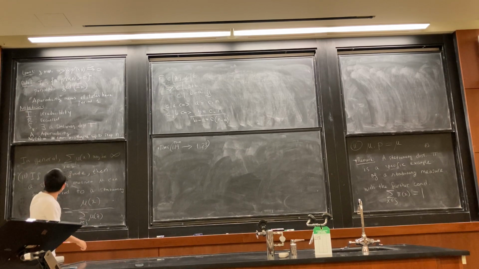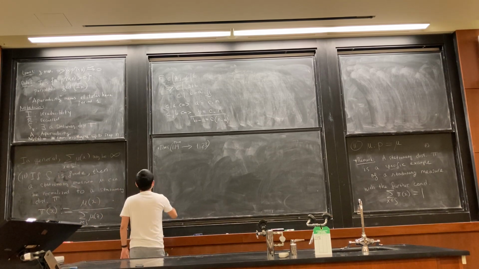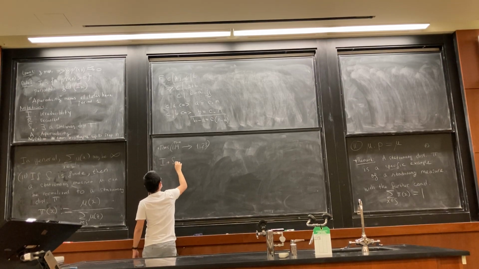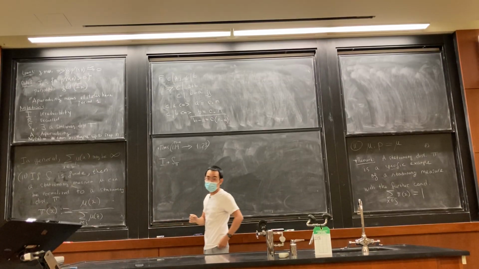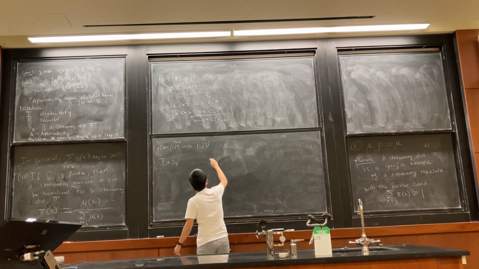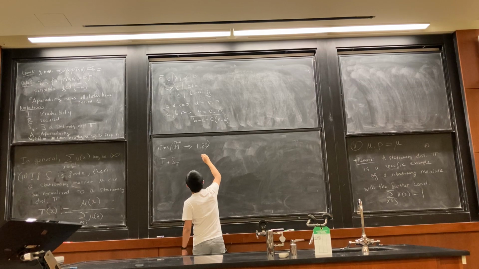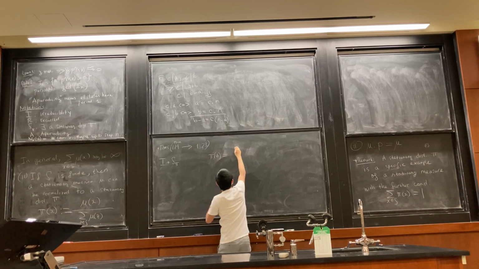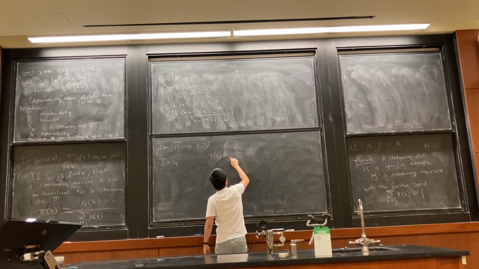So what can I say? The first thing is if the Markov chain satisfies the condition I, and I know it has a stationary distribution pi, the conclusion is that pi y must be equal to exactly 1 over the expected value of T sub y of y.